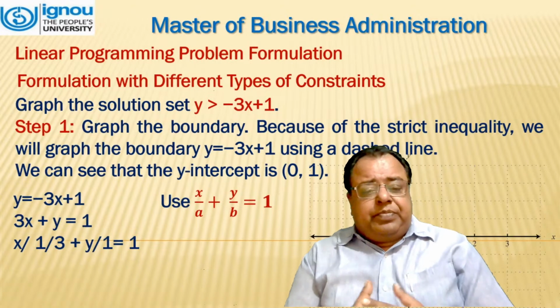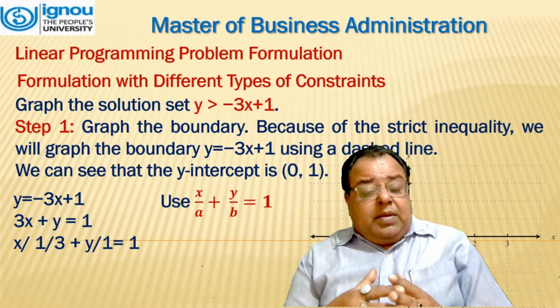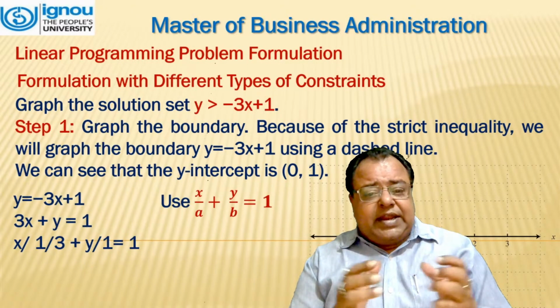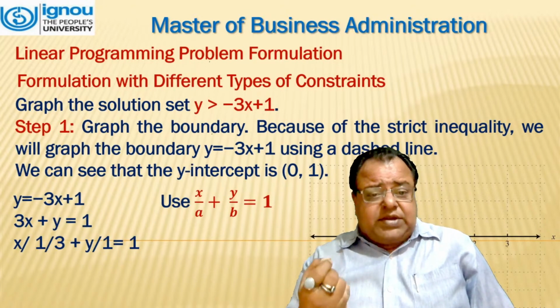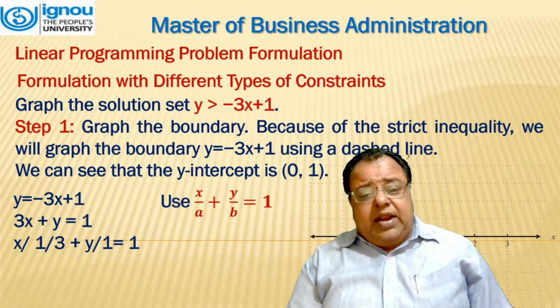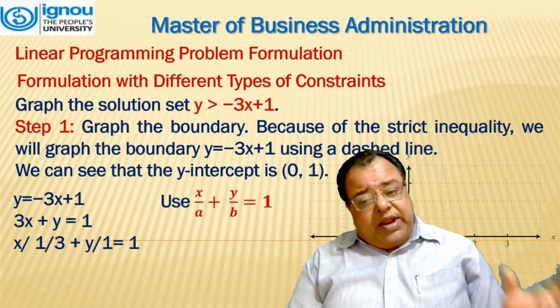Suppose we take up the inequation y is greater than minus 3x plus 1. Since this is a linear equation, we will have our graph as a straight line. Now the thing is how to plot this on a graph.